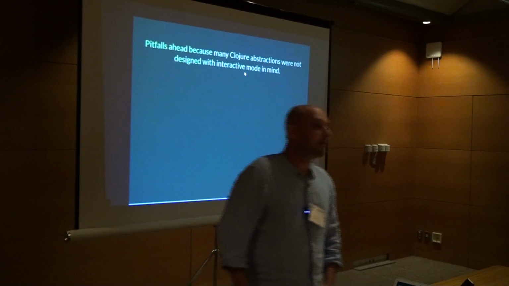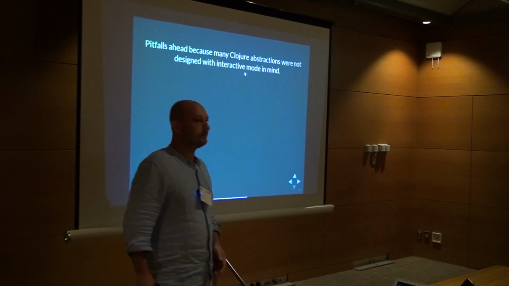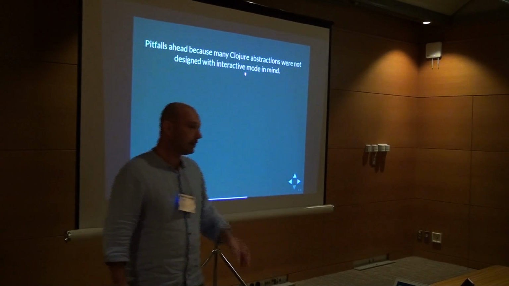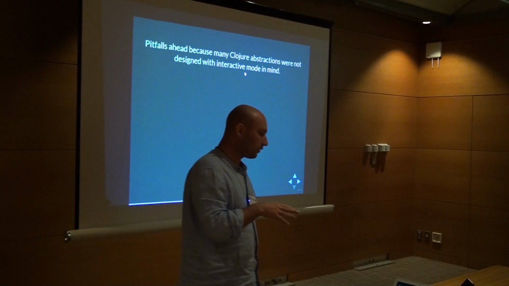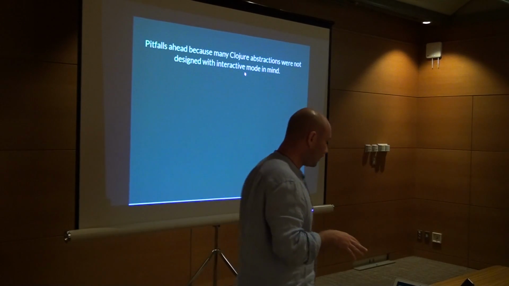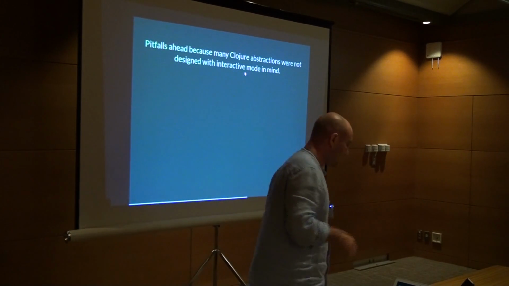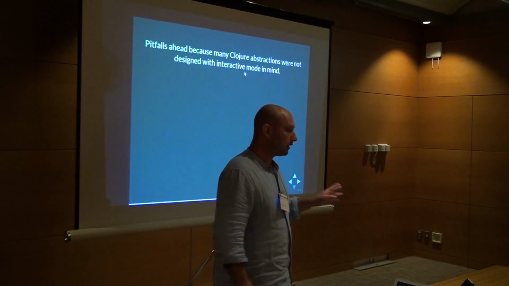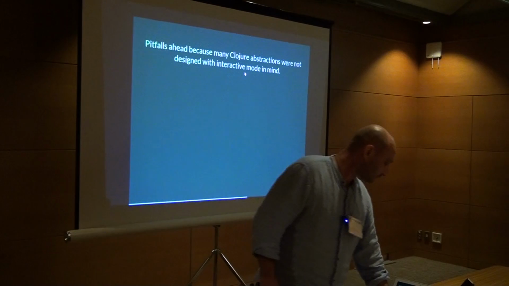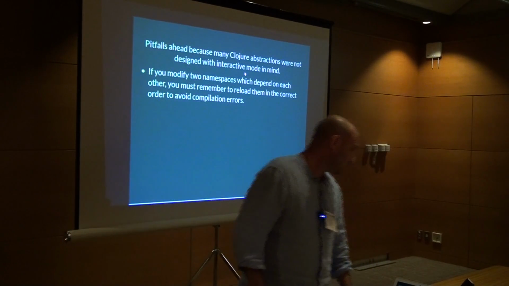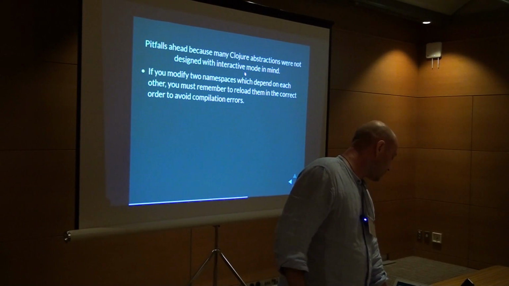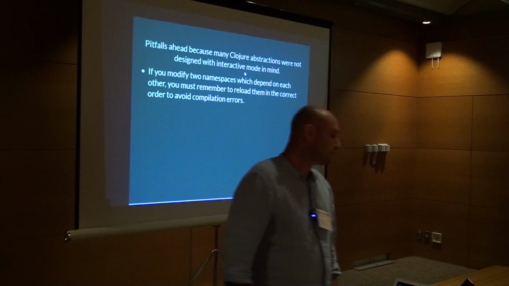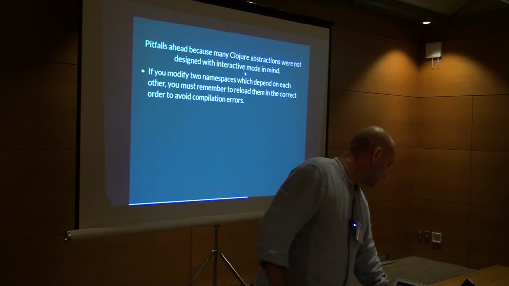The problem is that there are many pitfalls. And this is where I want to be a little bit more concrete. I will do a little demo. The pitfalls are, for example, that if you modify two namespaces which depend on each other, you must remember to reload them in the correct order.